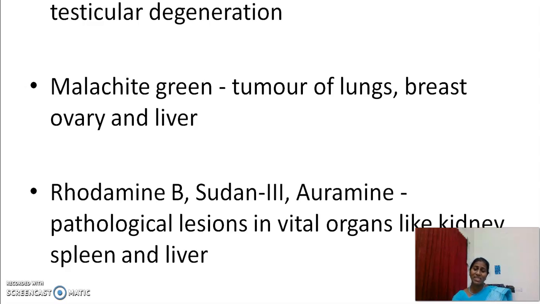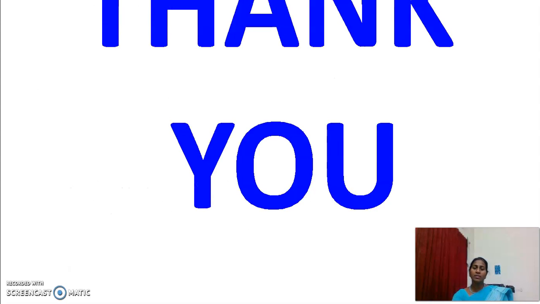And when malachite green is added to foods, it really causes tumor of lungs, breast cancer, ovarian cancer, and liver cancer. And rhodamine B, sudan 3, auramine are very commonly added non-permitted colors in foods. And this will cause pathological lesions in vital organs like kidney, spleen, and liver. Thank you.